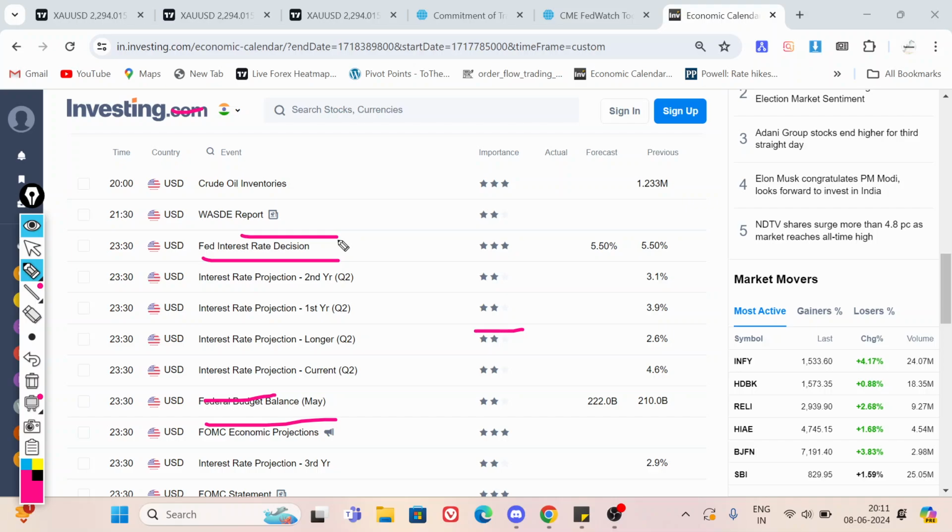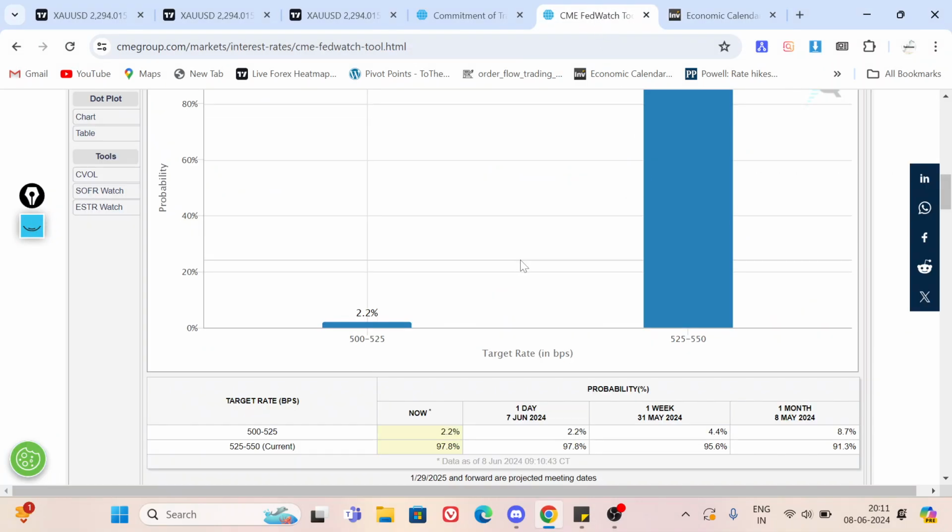This is going to be the most important data for next week, and as per the CME FedWatch tool, the current scenario for a rate cut is that the Fed is not going to cut rates, and it is going to maintain rates.